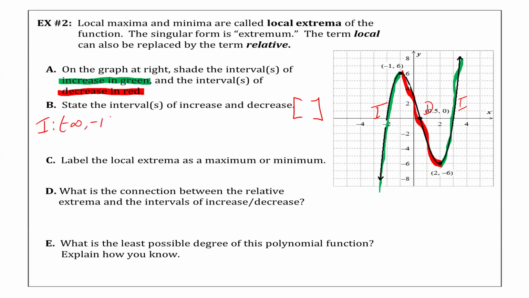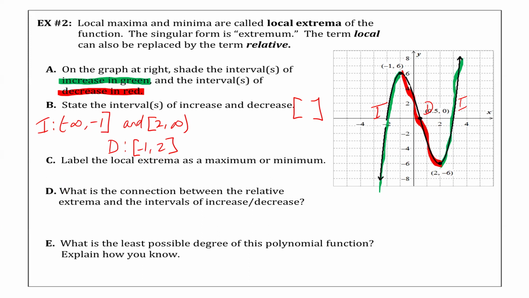Negative infinity to -1, and we're going to use a bracket. Where else do I increase? And what's with that too? Bracket. Yes. All right. Our interval of decrease. Bracket. There we go. So that's what we talked about before. Are we comfortable with B? Everyone's golden at B, right?